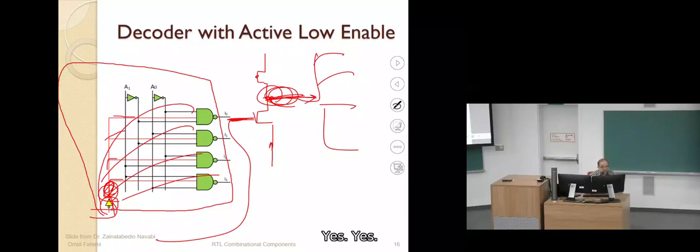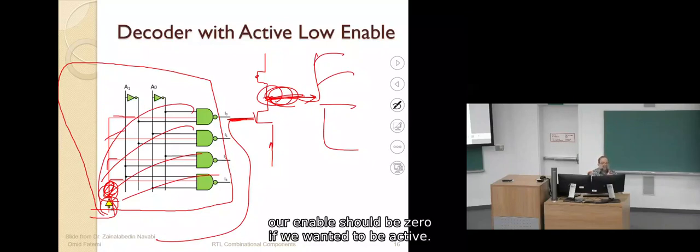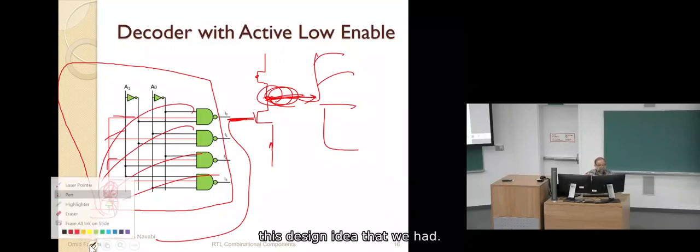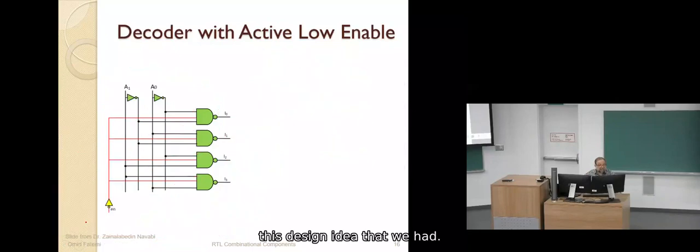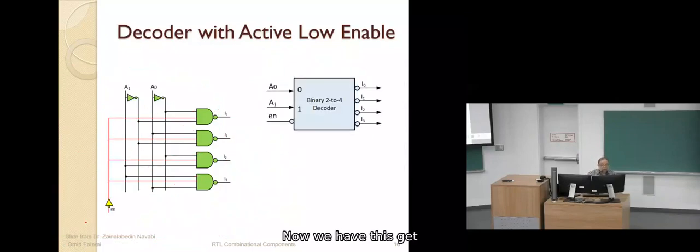Yes. So with this inverter that we added, our enable should be 0 if we want it to be active. That's the change we have made because of this design idea. So now we have this.